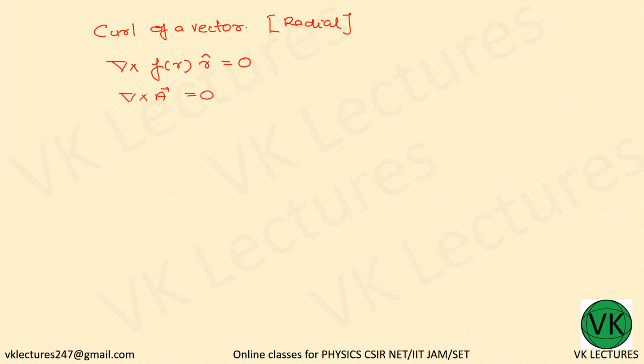Now del cross a equal to 0 means a is an irrotational vector, which means it doesn't curl. Okay, so this is equal to 0.